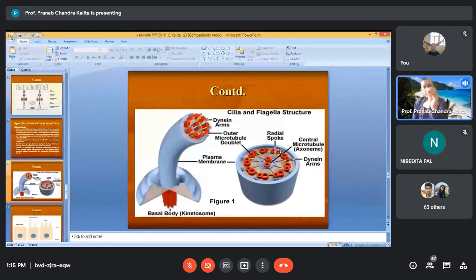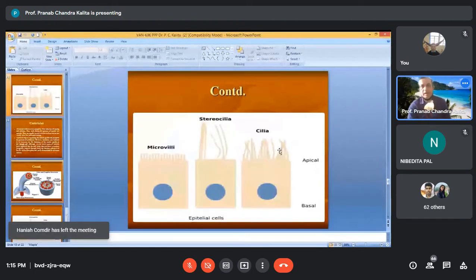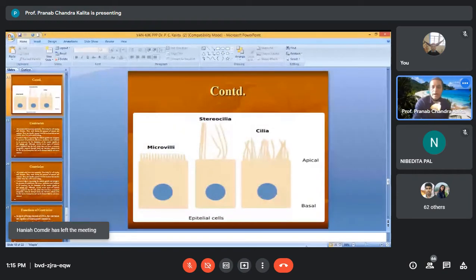It consists of axoneme surrounded by plasma membrane. Axoneme means 2 central microtubules surrounded by 9 doublets of microtubules. Here you can see the view of the cilia, stereocilia and the microvilli, evagination of the cytoplasmic surfaces.